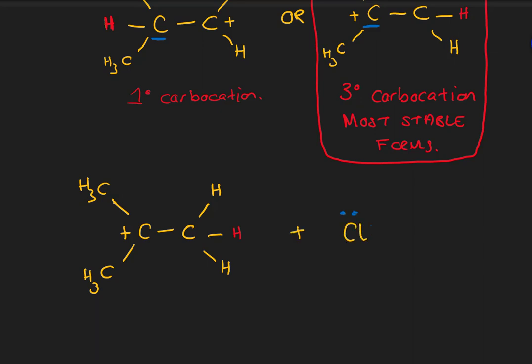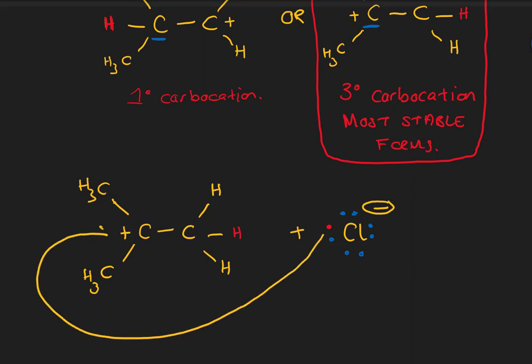We show its valence electrons that are available, and we show the electron that it stole from hydrogen earlier on, and we show its negative formal charge. And now our negatively charged chlorine, these pairs of electrons are going to be moved towards our positively charged carbocation.